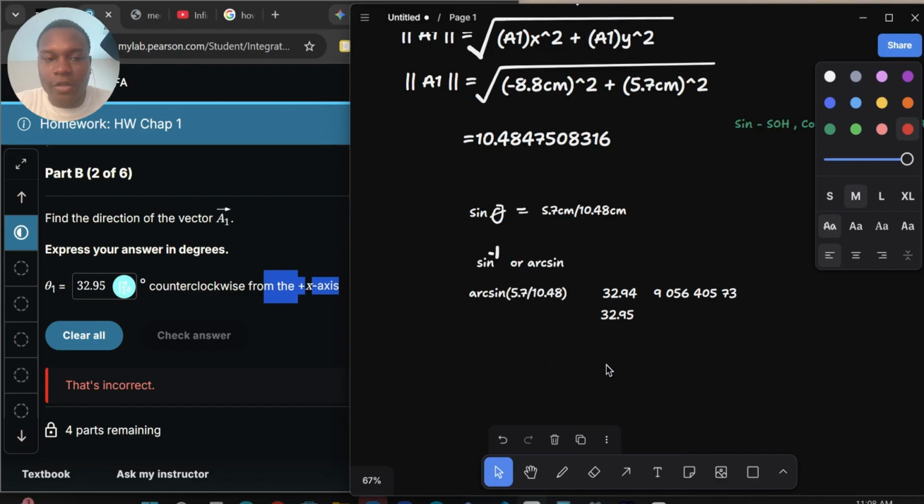So that's our answer. 180 minus 32.94905940573. Let's see. Players make mistakes too. I'm just going to put 147.05.